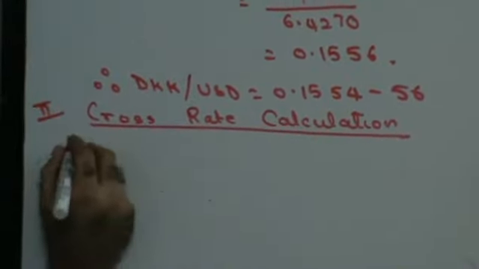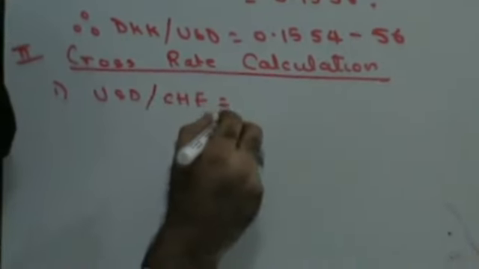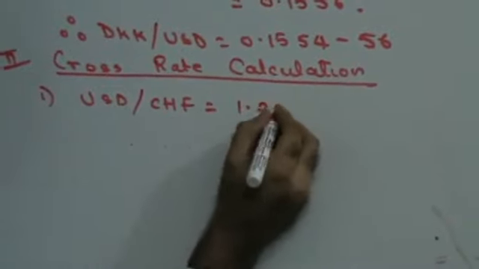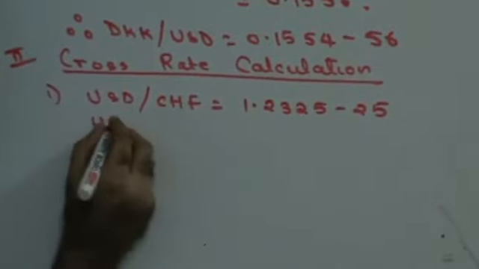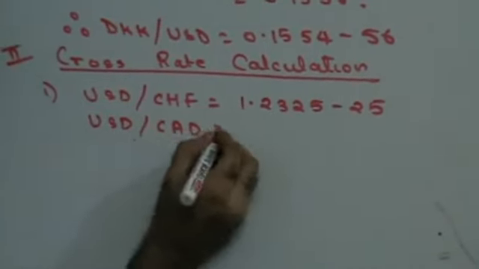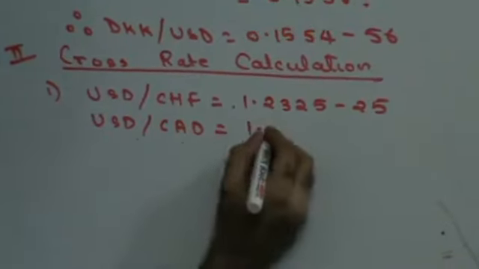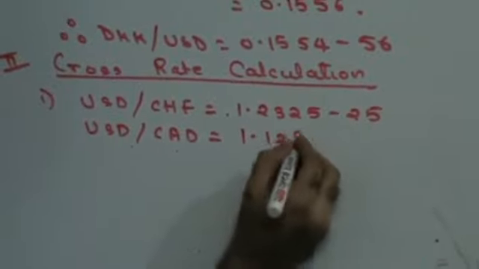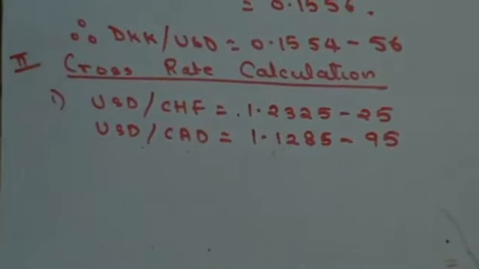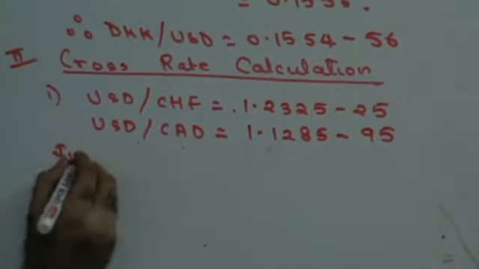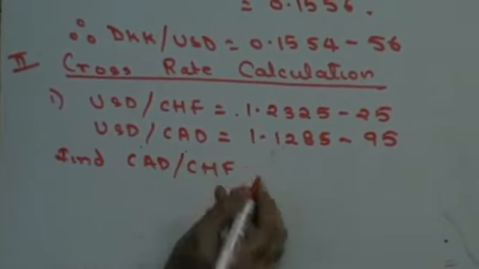They've given you that USD CHF is 1.2325 and USD CAD is 1.1285. You have to find the cross rate. That means here they've asked you to find out Canadian dollars to Swiss francs.